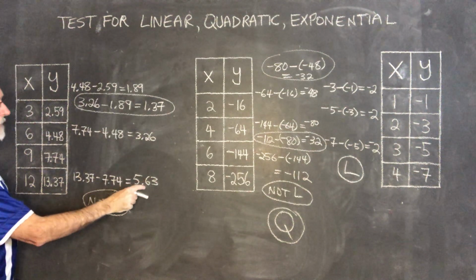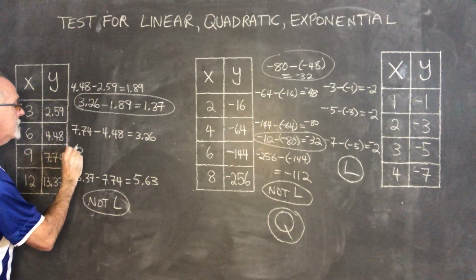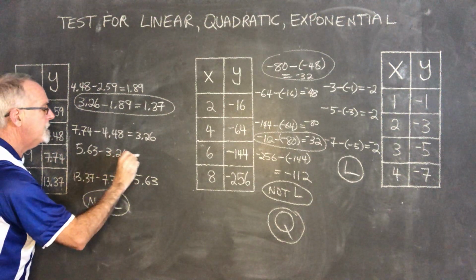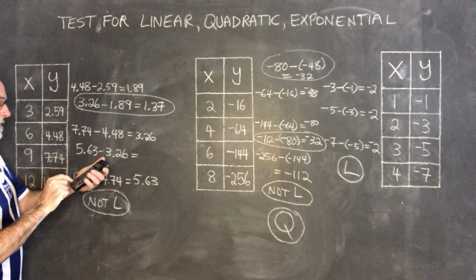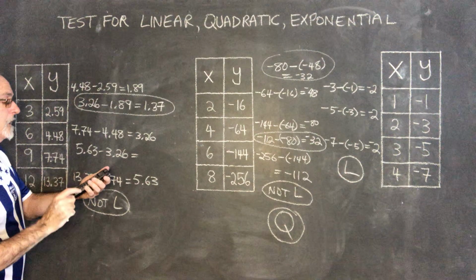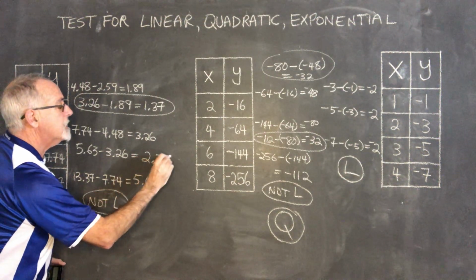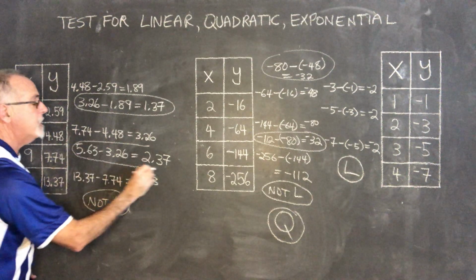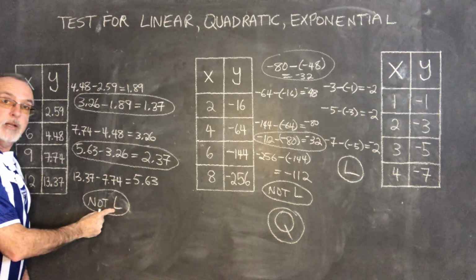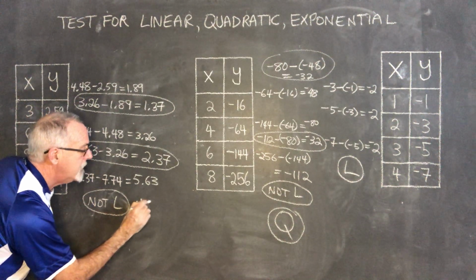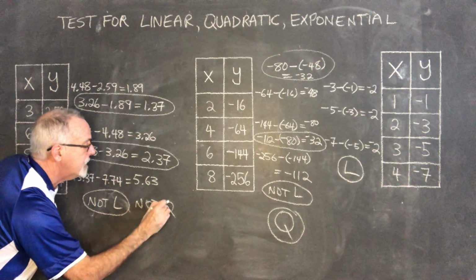Now I'm doing 5.63 minus 3.26, 2.37. Uh-oh, it's not the same. So therefore, this one has failed the linear test, but it's also failed the quadratic test. It is not quadratic either.